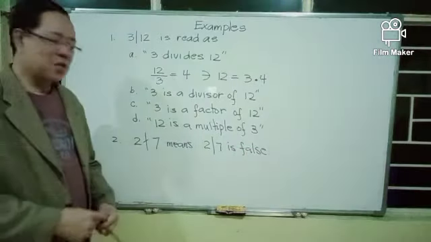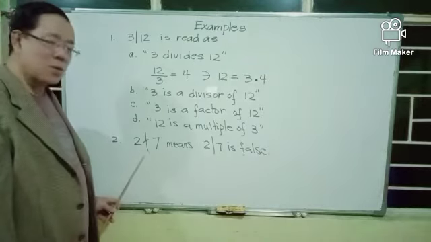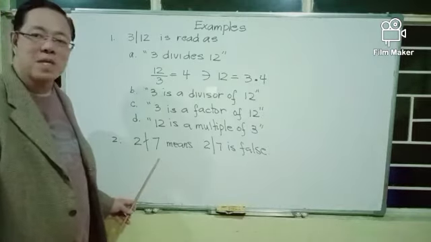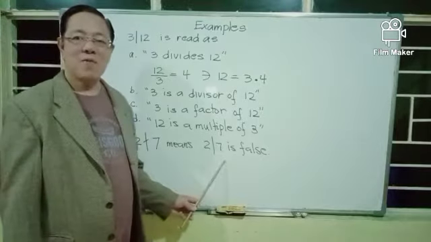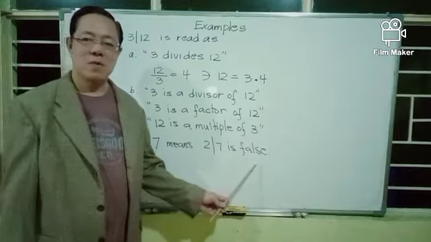From our definition, this notation, which we read as 2 does not divide 7, means that 2 divides 7 is not true, or 2 divides 7 is false.